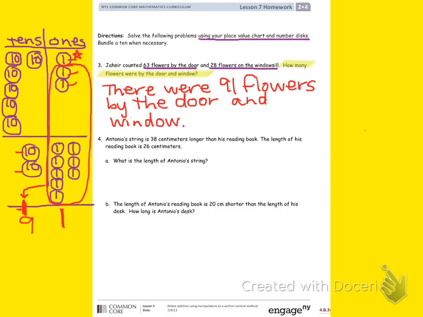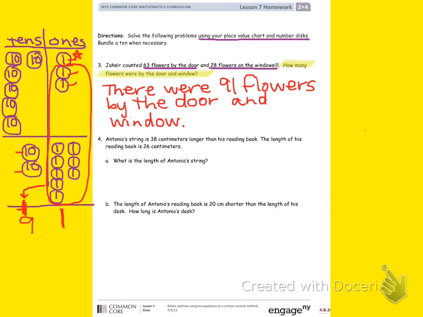When doing word problems, first we read, then we underline the important details and highlight or circle the question, draw to show how the problem is solved, then write to answer the question in words. Read, draw, write.